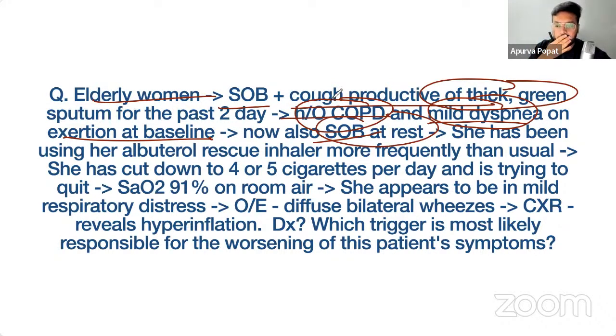Out of all of you, were you able to make a diagnosis of what this patient is having? History of... excellent. It was COPD exacerbation.